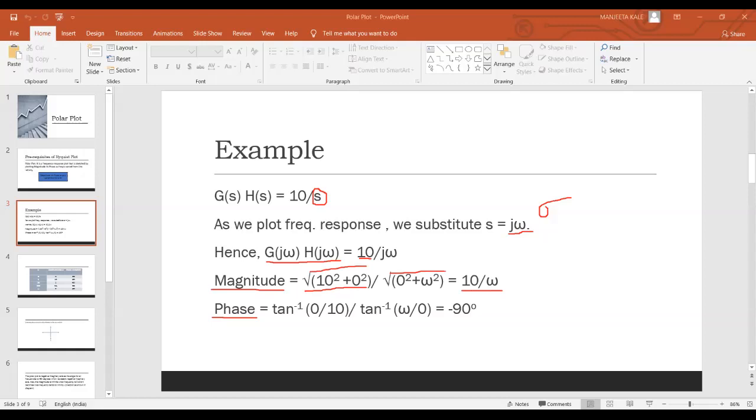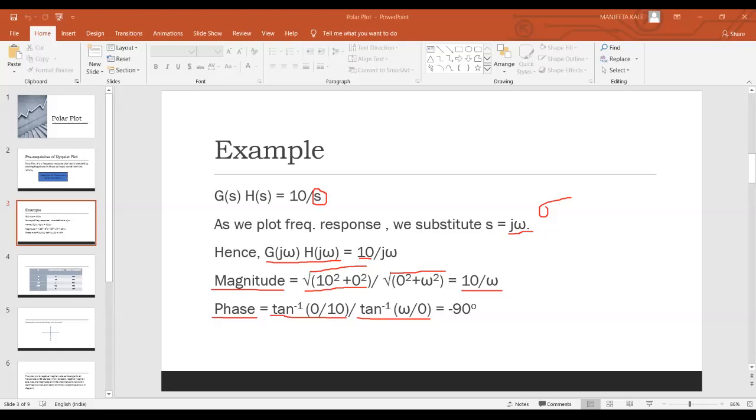Similarly, phase is calculated as tan inverse of imaginary part upon real part, which we have been using in all of the techniques that we have studied. This part is for the numerator and this part is for the denominator. The numerator is only 10, so tan inverse of imaginary part, which is 0, upon 10.